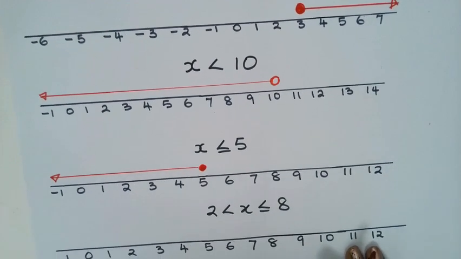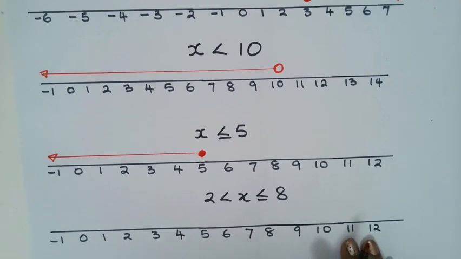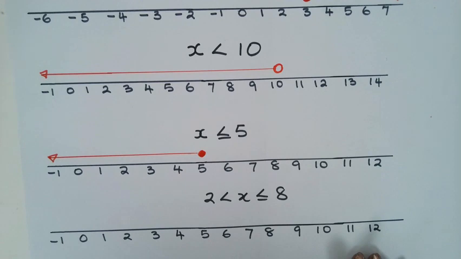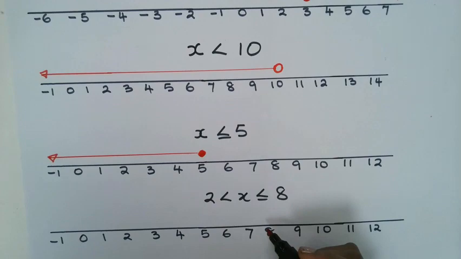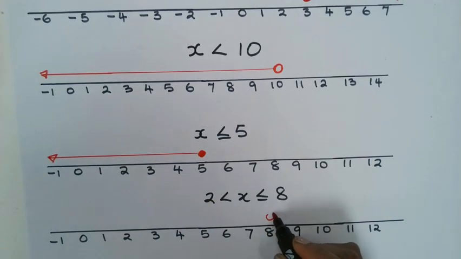Now let's look at this last one. This one is different from the ones we've done before. We've got 2 is less than x and x is less or equal to 8. So less than or equal to 8, we're going to have a closed circle here.